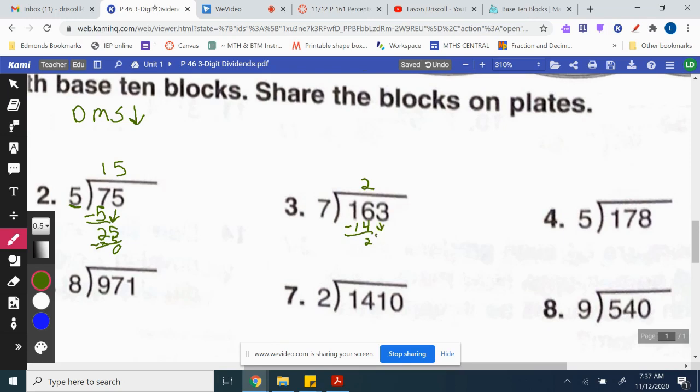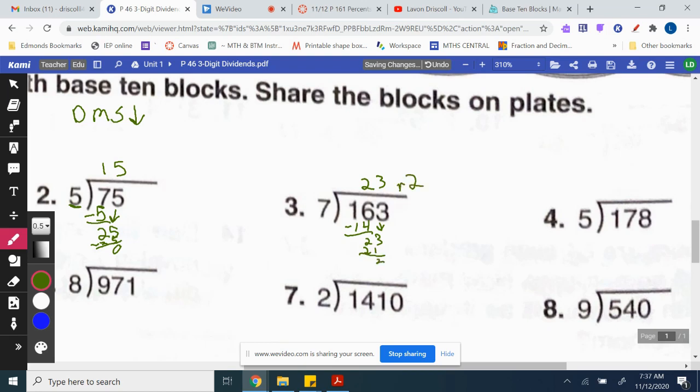Bring it down. 7 goes into 23. Sorry, not one time. My mistake. Goes into there 3 times. 3 times 7 is 21, and I get a remainder of 2.